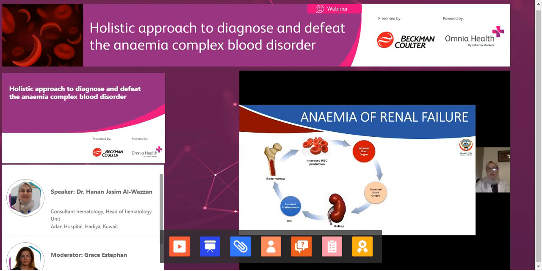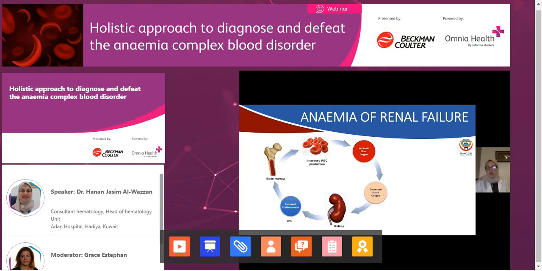Anemia of renal failure. The anemia of renal disease or impairment is related to decreased production of red blood cells. In the physiological situation, erythropoietin is the primary regulator of blood production. It stimulates the bone marrow for erythropoiesis, and there is a sensor in the kidney that detects any hypoxia.